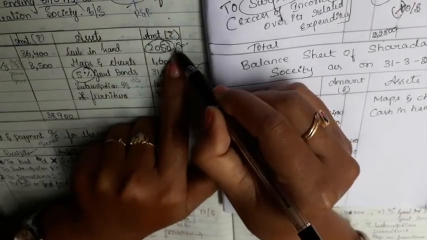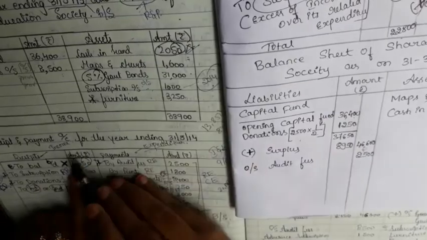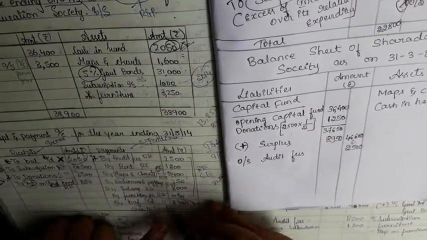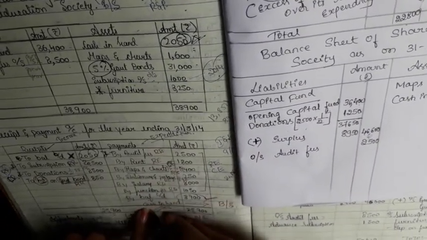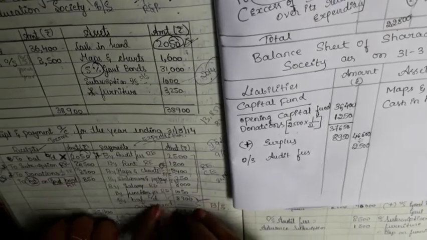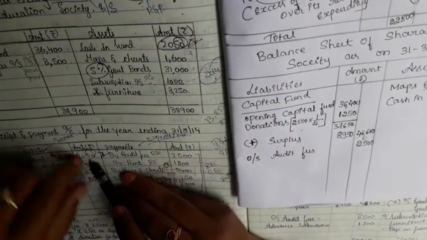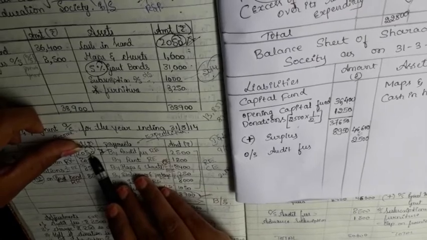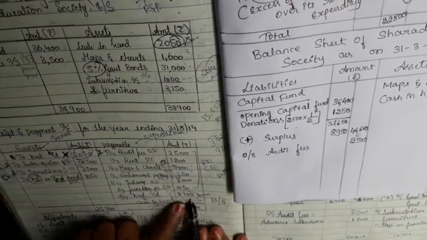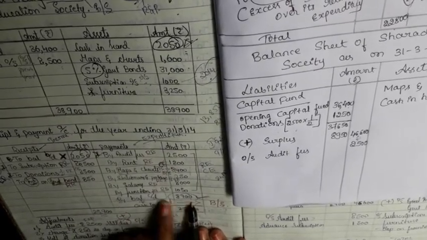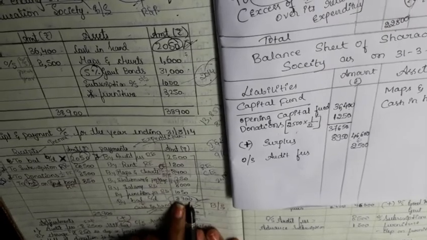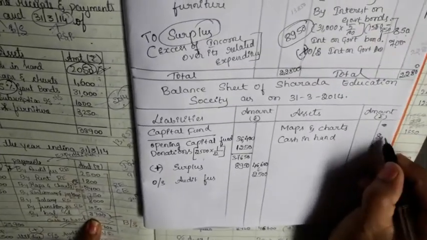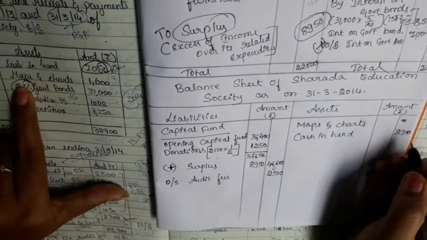This amount should be brought down in order to identify the closing balance of the receipts and payments account. With the help of the opening balance of cash in hand, the closing balance of cash in hand is identified. The closing balance of cash in hand is 8,900.